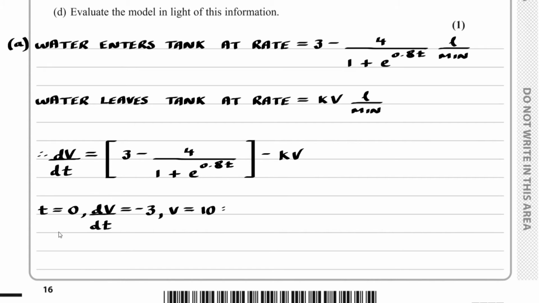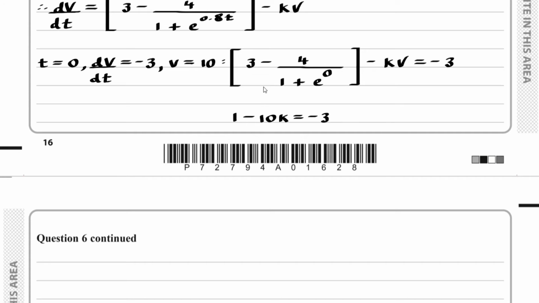And what we also know is when t is 0, dV over dt is negative 3 and V equals 10. So we can substitute these into our differential equation, leaving us with 3 subtract 4 over 1 plus e to the 0 subtract kV equals negative 3. And then here we've got 3 subtract 4 over 2, which is just 1.